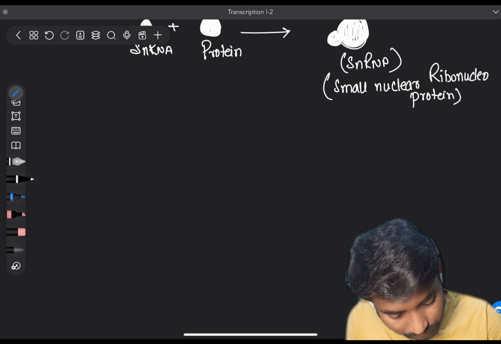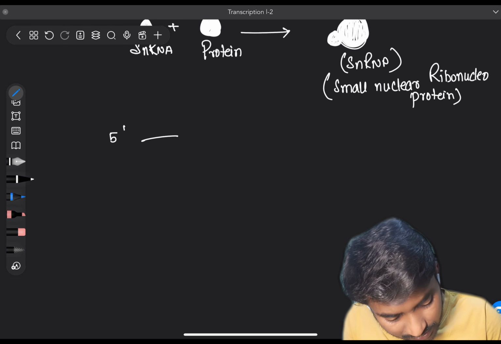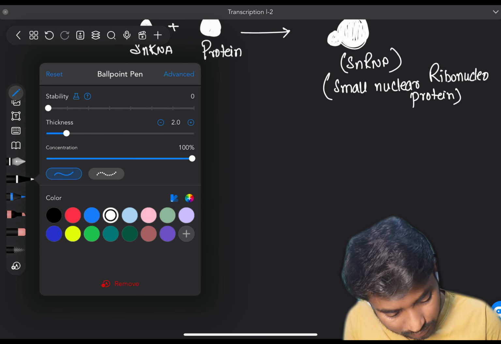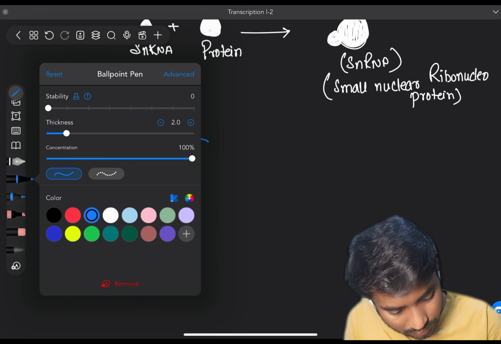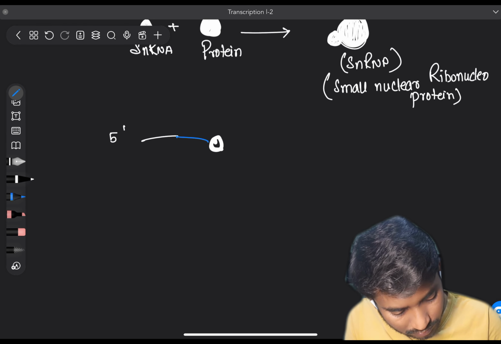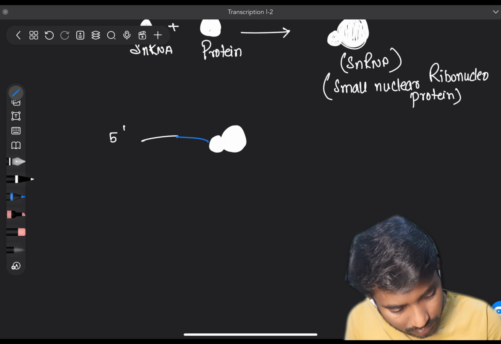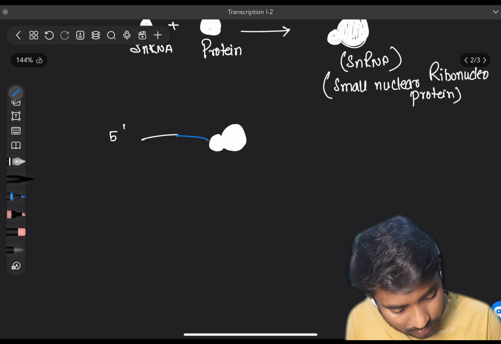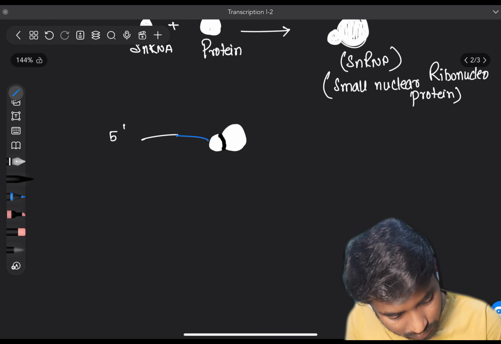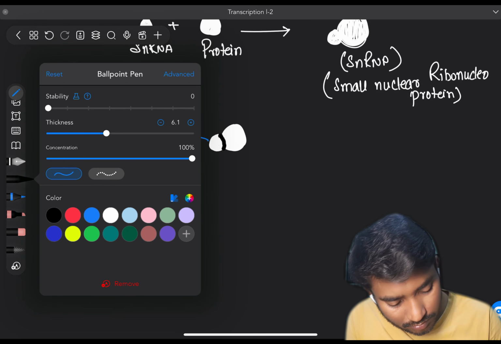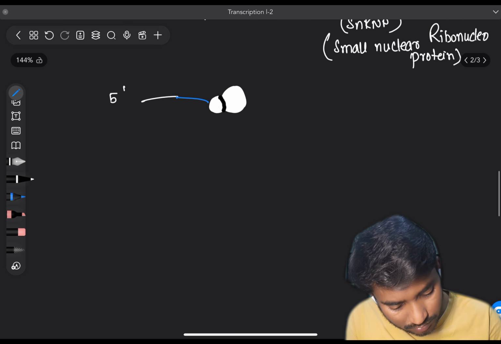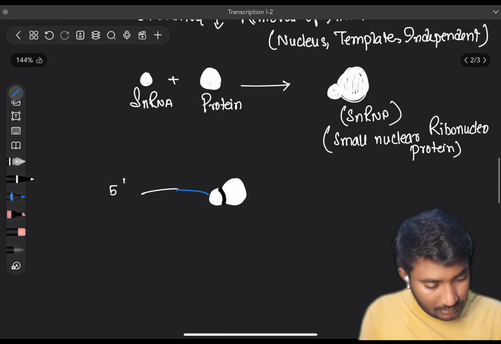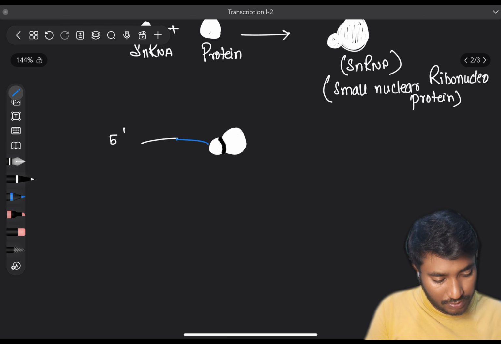Now what happens? This small nuclear ribonucleoprotein will make this, and the small nuclear ribonucleoprotein has been done.